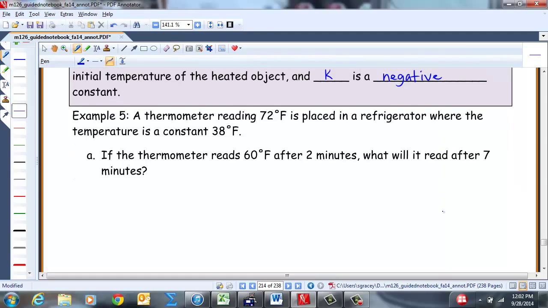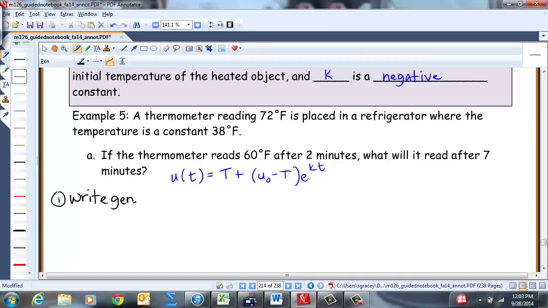So let's rewrite our initial model. We're going to write the general equation with the given information.